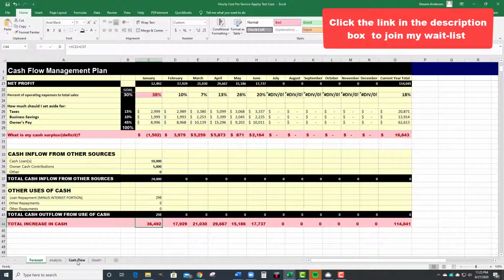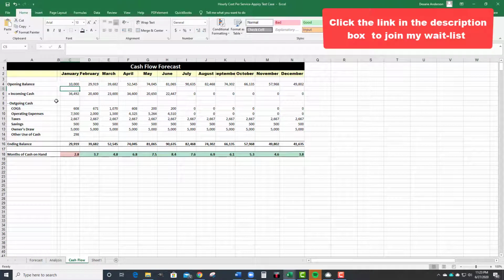So it pulls it over to the cash flow tab. So when you add the 10,000 plus the 36 minus everything that went out, costs of goods sold, which includes the costs of services and cost of retail, your operating expenses. Operating expenses, of course, is all the expenses that you paid for your business.